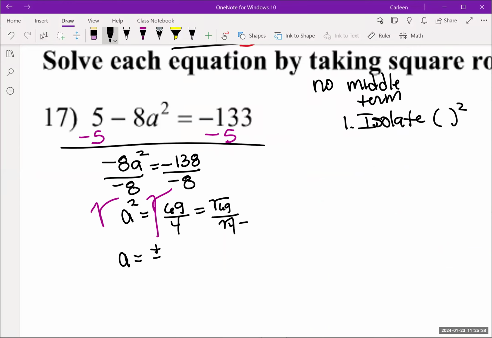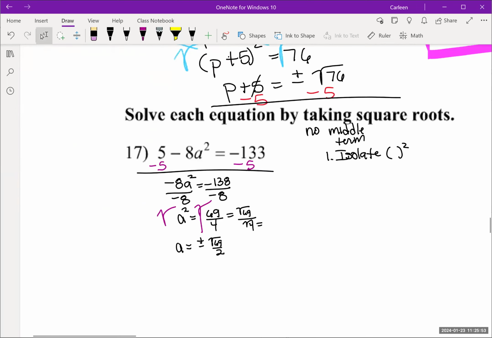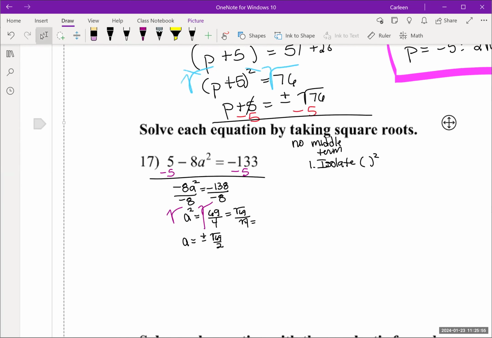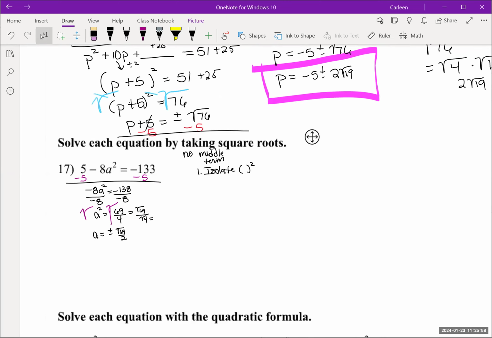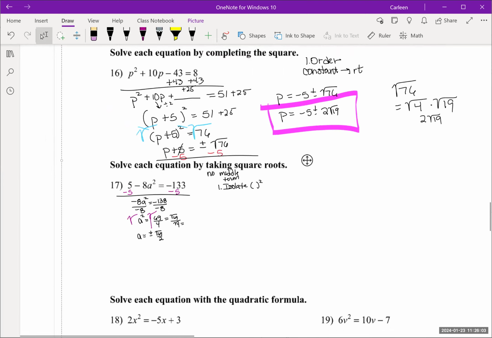But 4, what's the square root of 4? Okay, so we have plus or minus the square root of 69 over 2. That needs to go away. Oh, no. Phew.